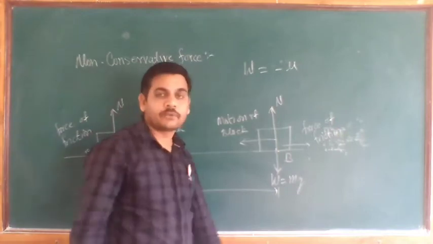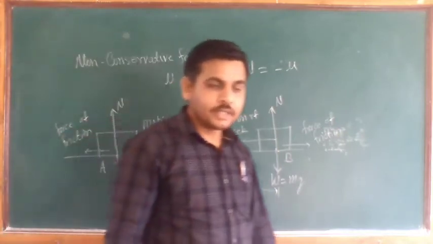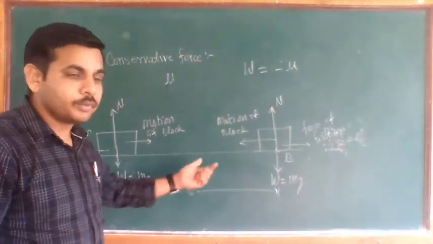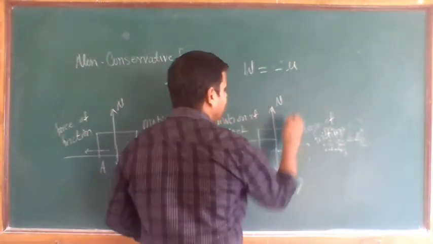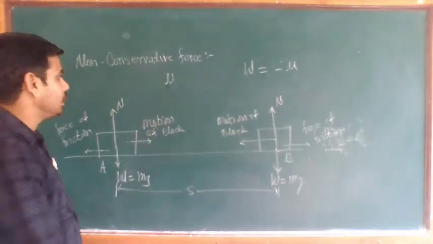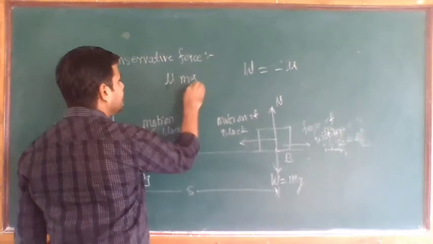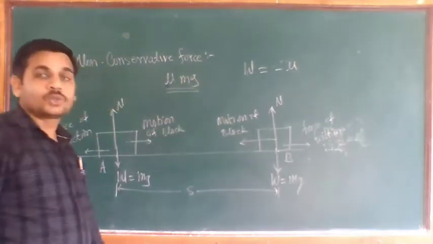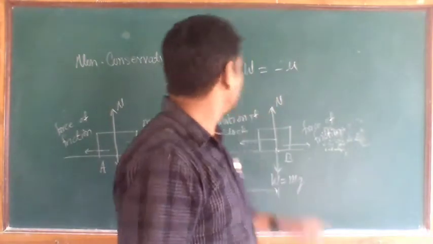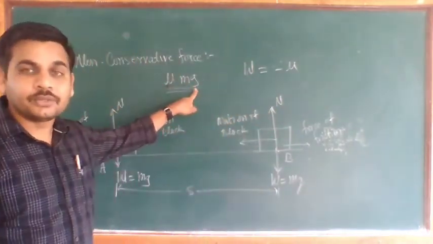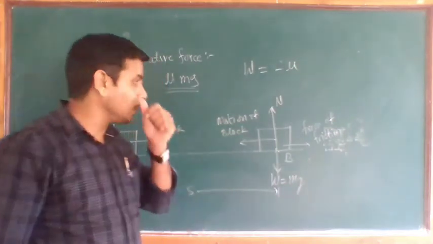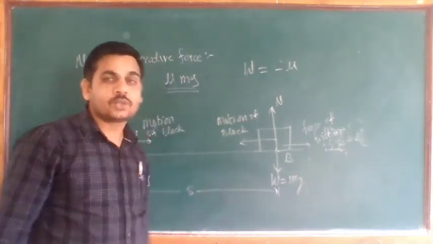Before that, we can take the force. The friction force from A to B or B to A is nothing but mu times mg. The force of friction is mu times mg during A to B or B to A. So we are considering the total work done.